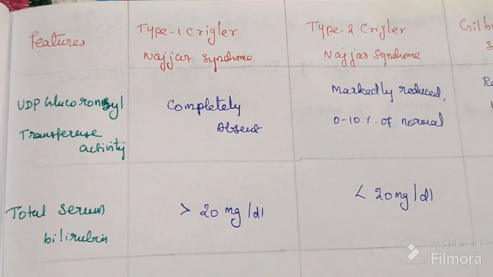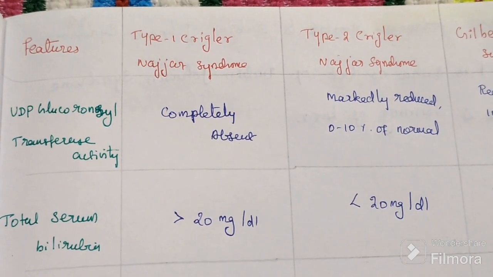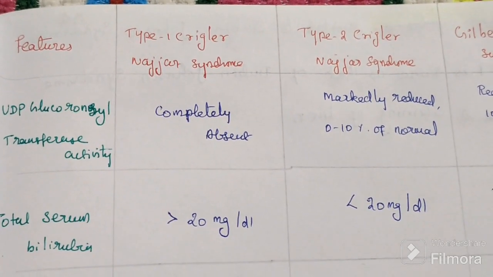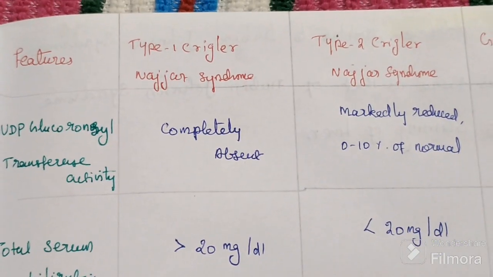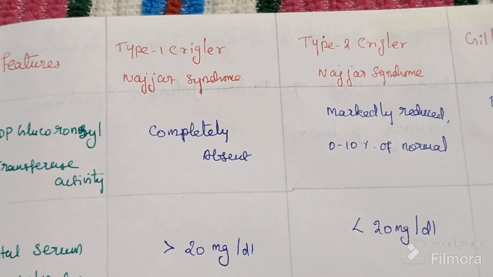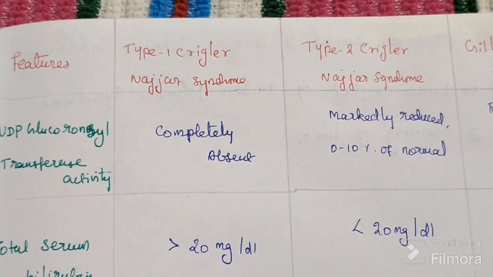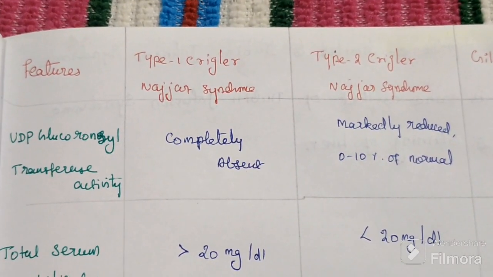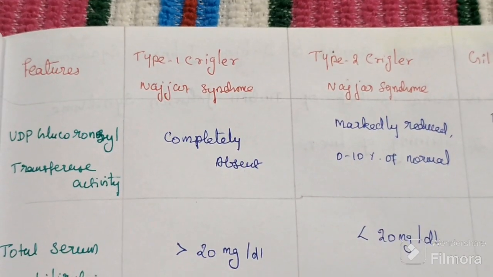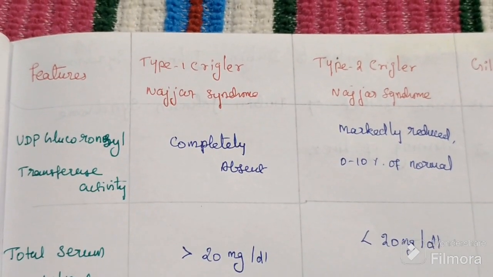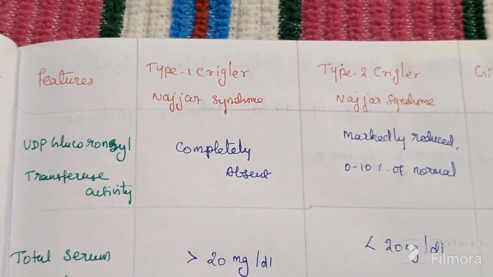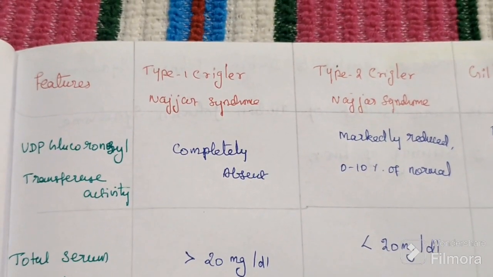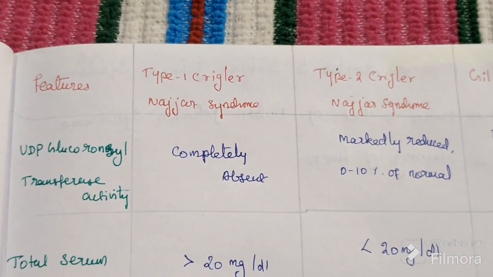First feature is UDP glucuronosyl transferase activity.